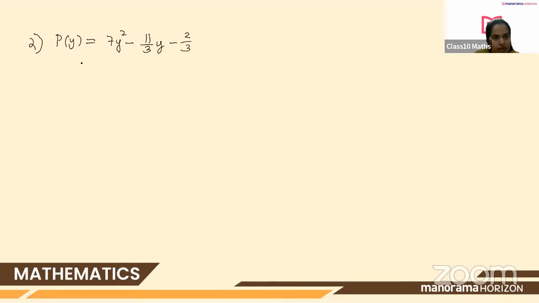So from this, we can take 1 by 3 as common. Taking 1 by 3 as common, here we get 21y square minus 11y minus 2. That is, here 7 divided by 1 by 3 is equal to 7 into 3, which is equal to 21. Okay.